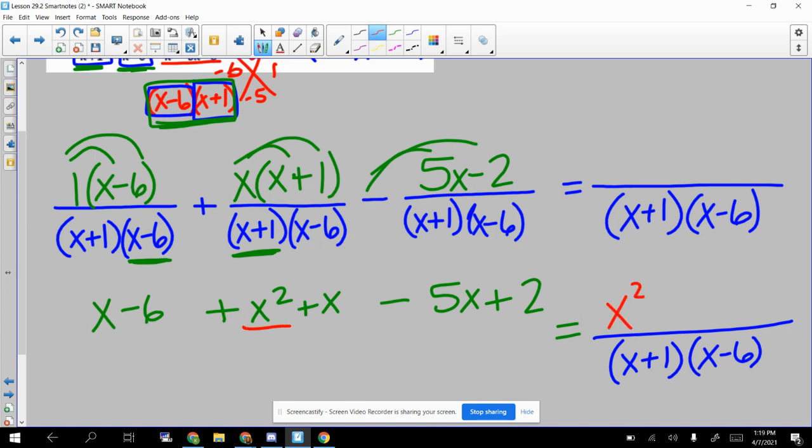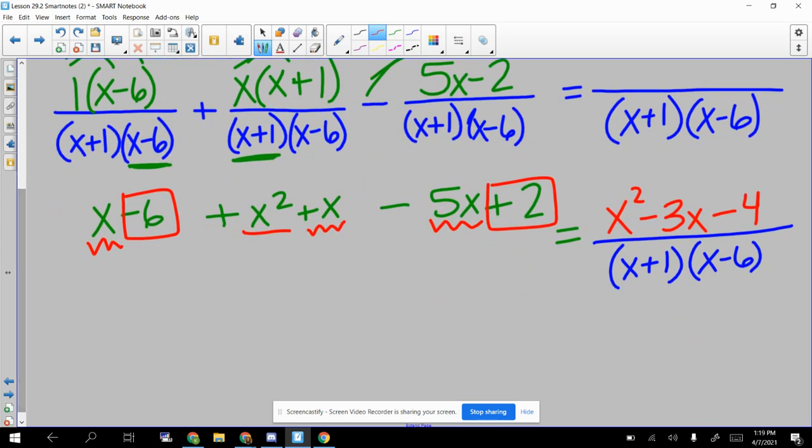That's the only one like that. Then we have x plus x minus 5x. So x plus x is 2x, minus 5x is negative 3x. And then we have this negative 6 plus 2, which would be negative 4.